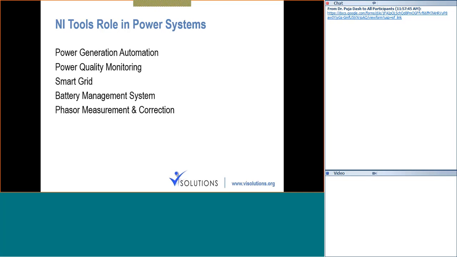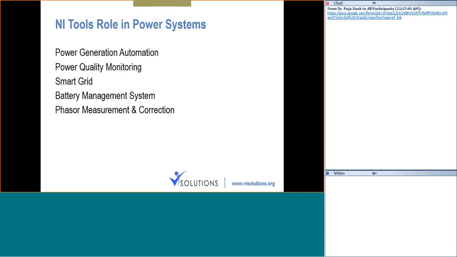Right? So where are NI tools going to help us? It could be NI tools like CompactRIO or these hardware. It could be used in power generation, to automate power generation systems, like let's say you want to implement a closed loop system of a generator turbine.